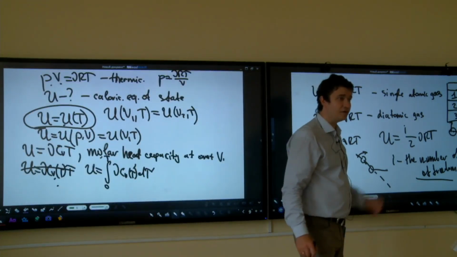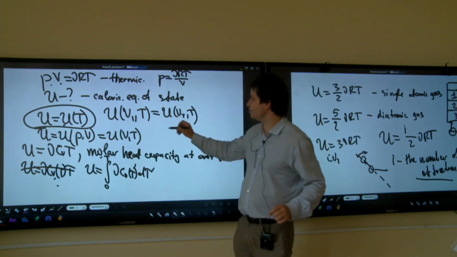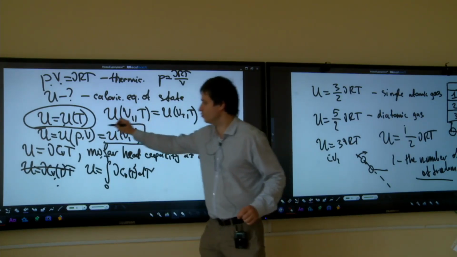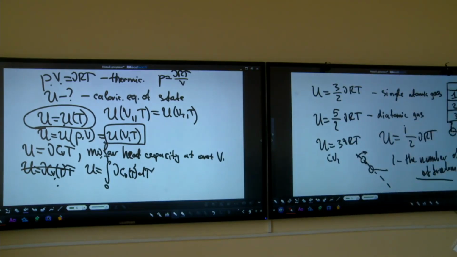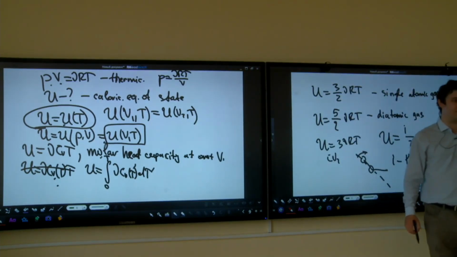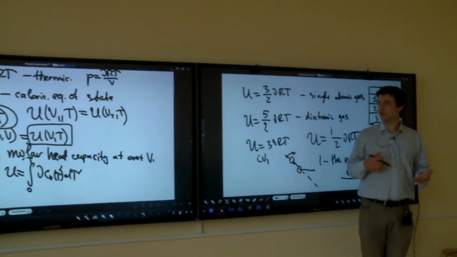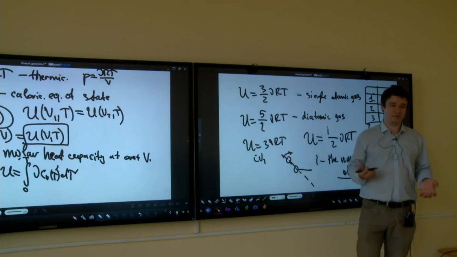Only for ideal gas. If you have matter which is not an ideal gas, then internal energy is also a function of volume. Sometimes it's even considered a definition of the ideal gas: the ideal gas is the gas in which the internal energy is independent of volume.